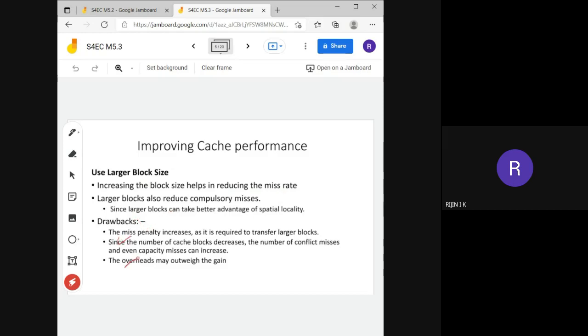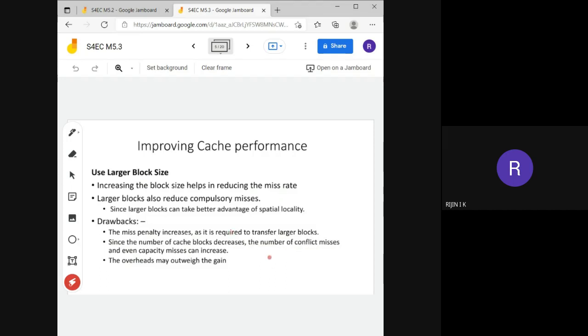These are the drawbacks. The miss penalty will increase as it is required to transfer a larger block size. Since the number of cache blocks decreases, the number of conflict misses and even capacity misses can increase, because if you use a larger cache block, the number of blocks will decrease, isn't it?